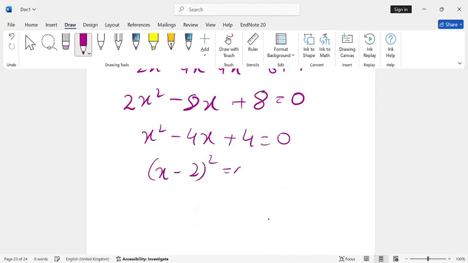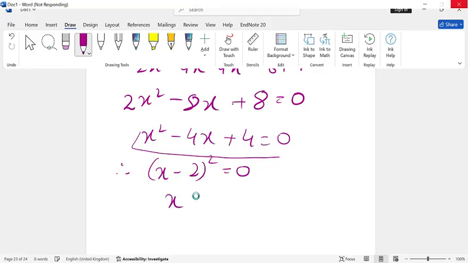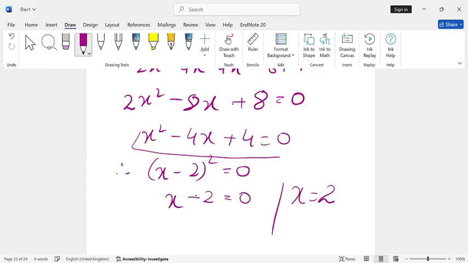When you open this formula, you get x squared plus 2 squared minus 2 times 2 times x. So from this equation, taking square roots on both sides, we have x minus 2 equals 0, and we get x equals 2.